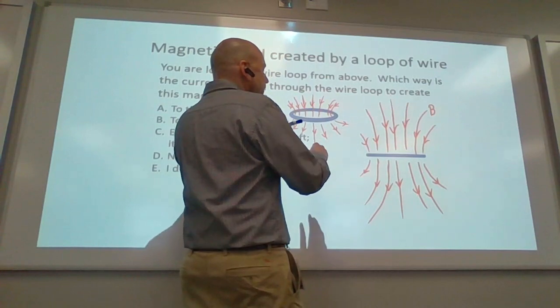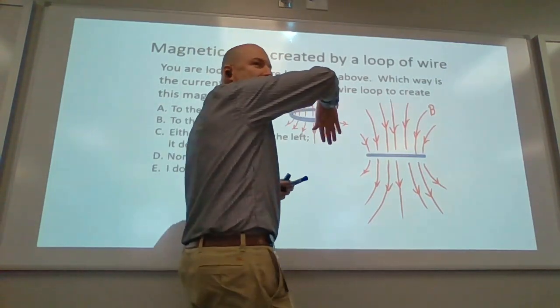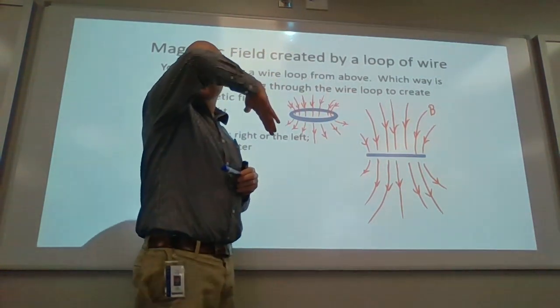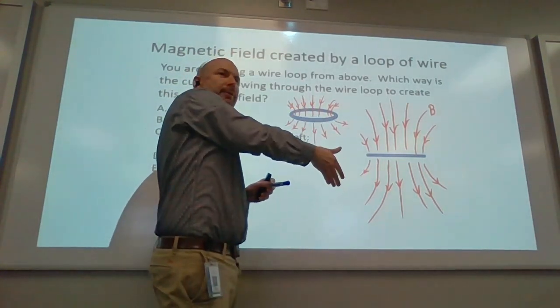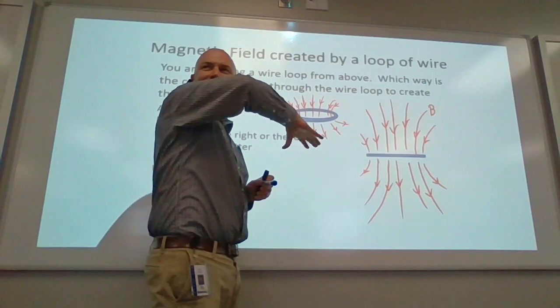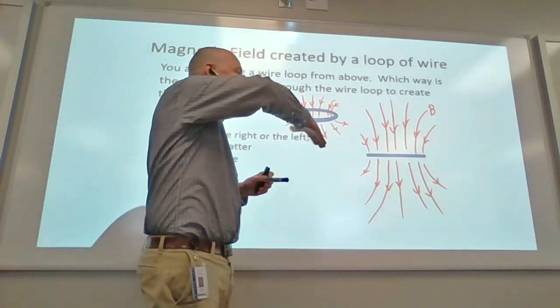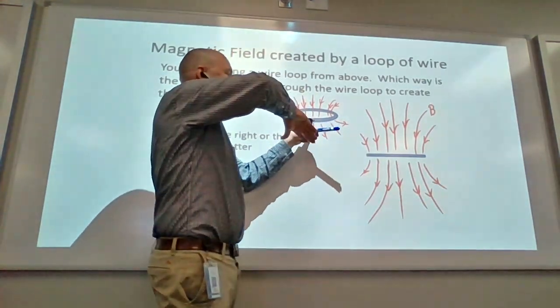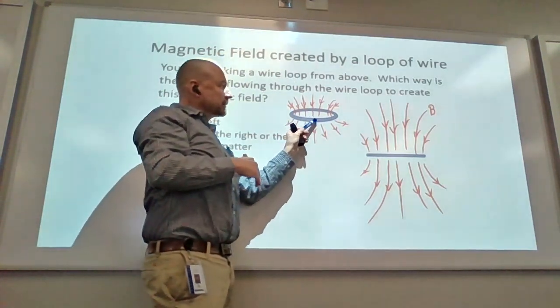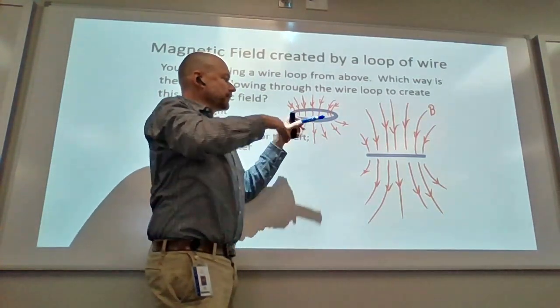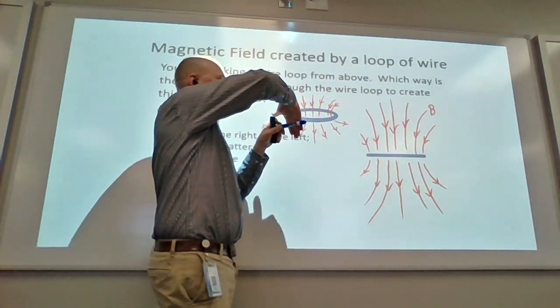Good job, B-Rob. So your fingers are going down. Let's just start with that. It's either going to the right or to the left. Those are your options. Your pencil represents the part of the ring that's closest to you, and you're going to try to grab that.